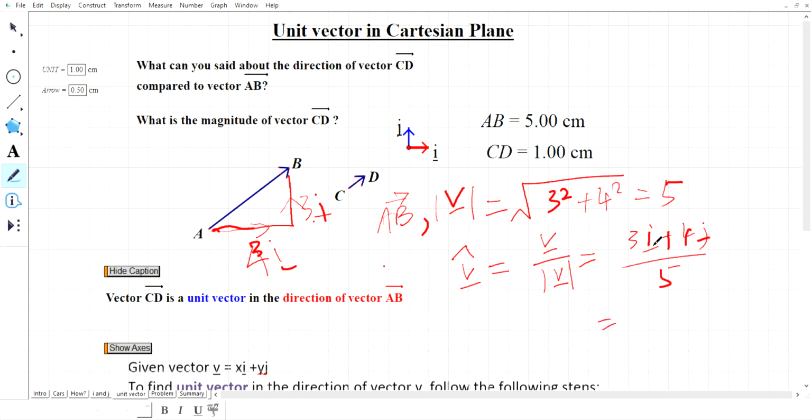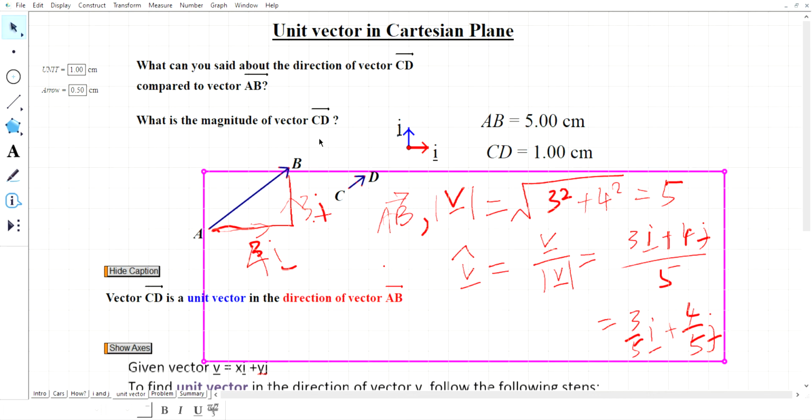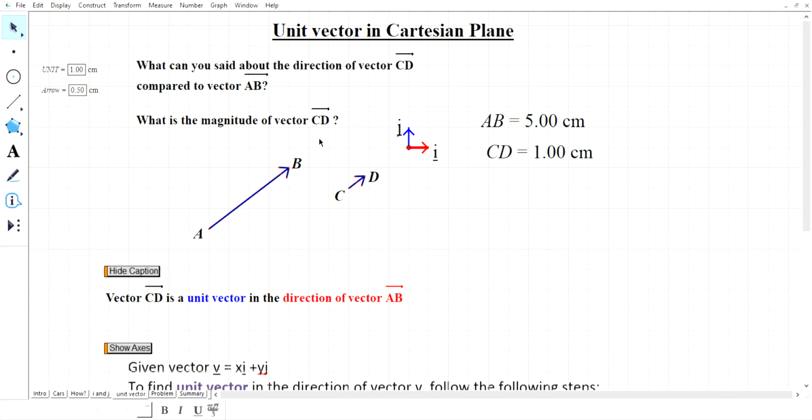When we simplify it, the unit vector in the direction of vector AB is equal to 3 over 5 i plus 4 over 5 j. Let's look at another example.